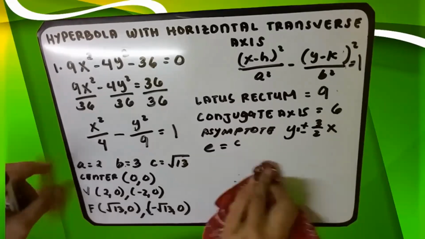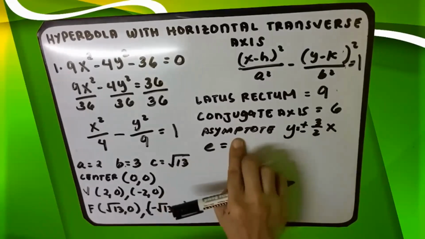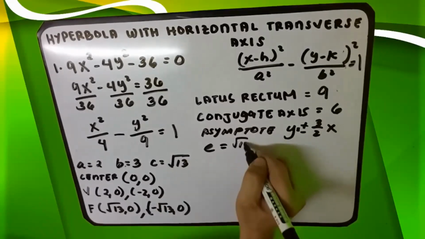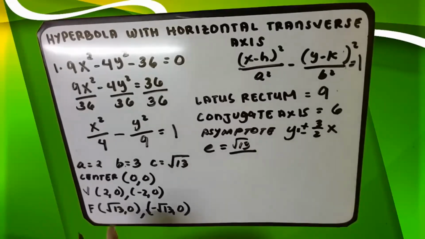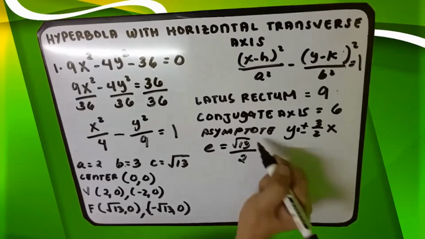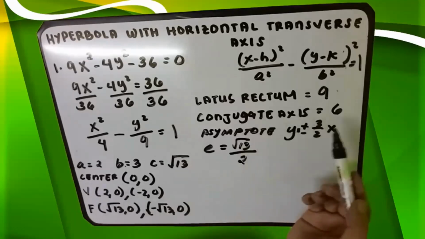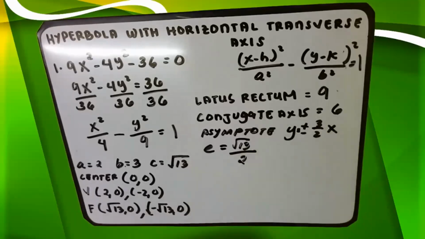So it means eccentricity is square root of 13 over, ang a natin ay 2. So ayan, A, B, C, center, vertices, foci, Lattice Rectum, conjugate axis, asymptote, and eccentricity.